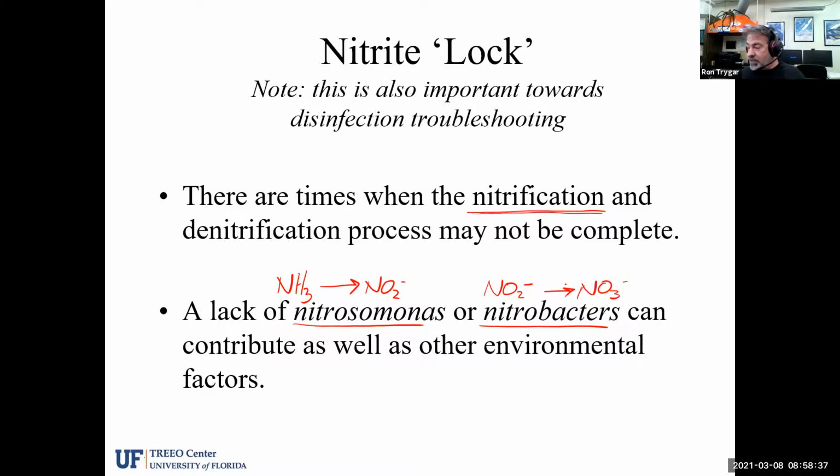So in this particular slide with nitrite lock, we tend to be aimed more here than the other process. We're caught where we have some nitrite present, but we have not fully converted it all the way to nitrate. Those are some common things to see happen.